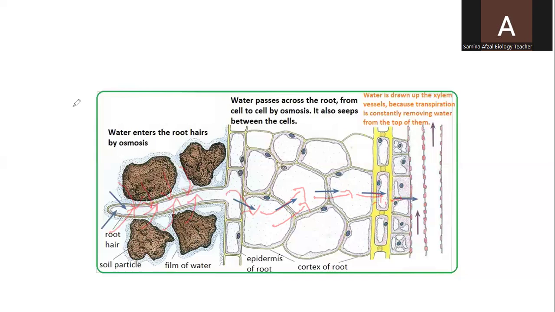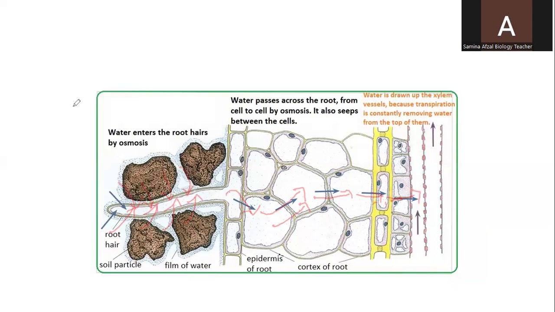And from xylem vessels, the water will be drawn in the upward direction. So many other forces participate when the water has to move in the upward direction. So this is the pathway by which water molecules move when they are absorbed through the root hair cells.